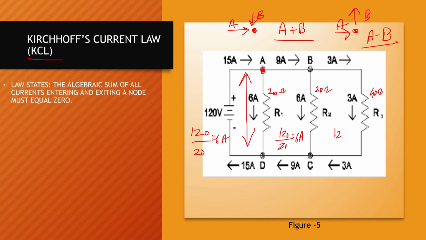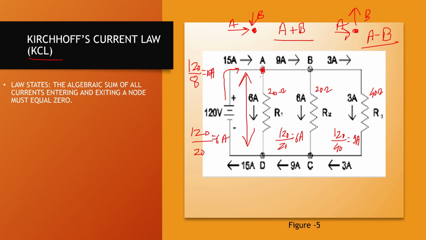You have 120 divided by 40, which is equal to 3 amps. Initially we had calculated that the current in the entire circuit, the R total, was 120 divided by 8 ohms, if you remember from the last slide, which was 15 amps. So 15 amps is leaving this circuit like this, which is fine.